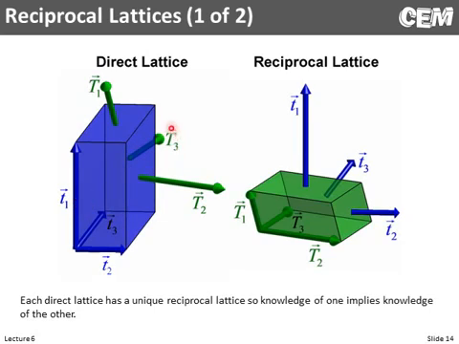Now, we formed capital T3 by pairing together little t1 and little t2. Well, it turns out we can pair these off 3 different ways, and in fact construct 3 different vectors. These 3 vectors, capital T1, capital T2, capital T3, become the primitive translation vectors of a reciprocal lattice.